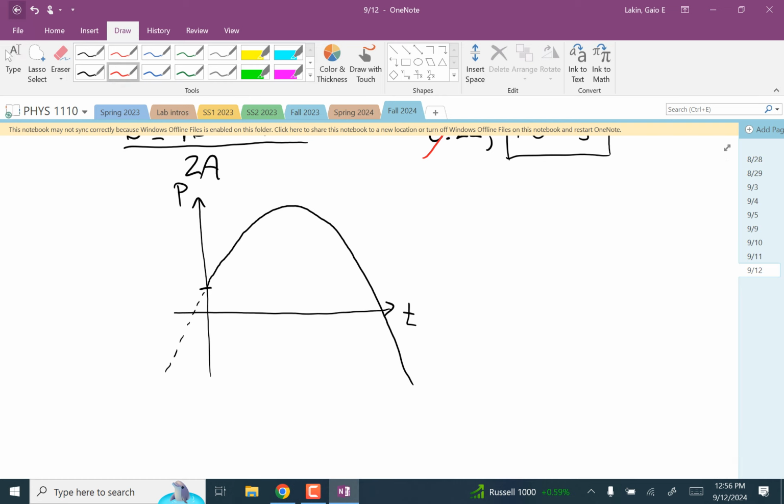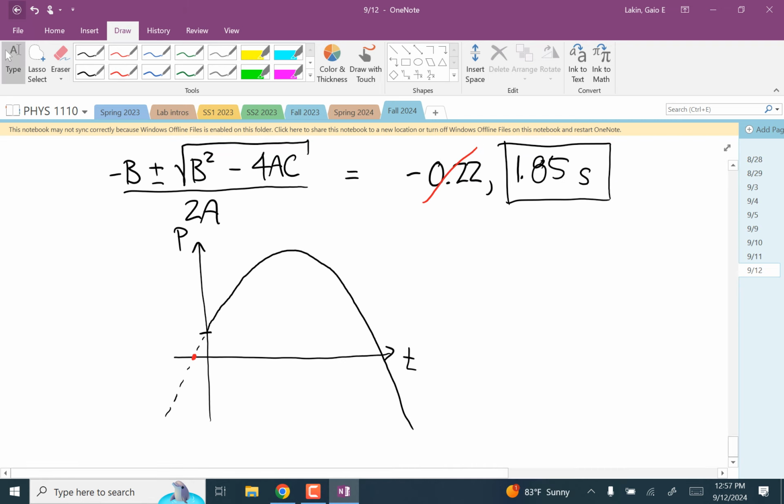And so the negative 0.22 is the time when this parabola crosses that 0 position on the way up, before it was actually launched. And then there's all this stuff that would happen if the ground wasn't there and it just kept going forever. So this is where that negative time comes in.